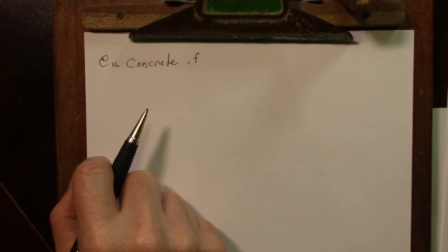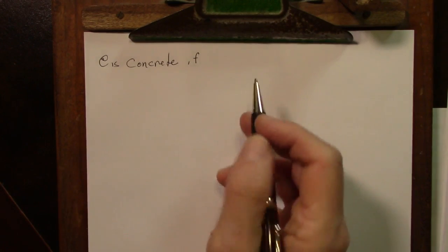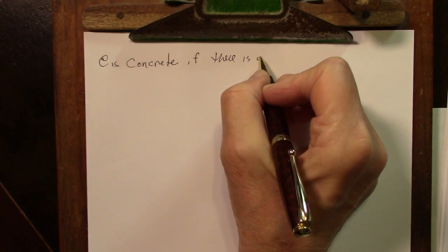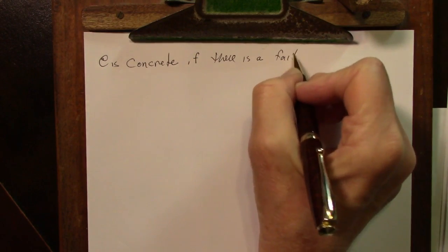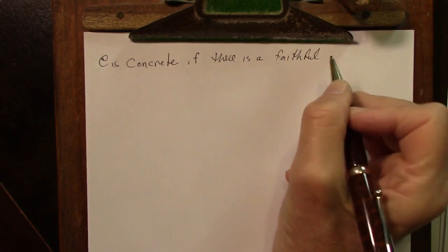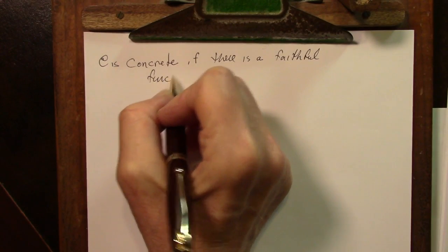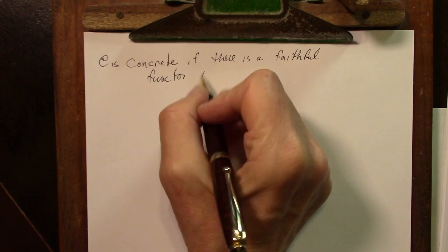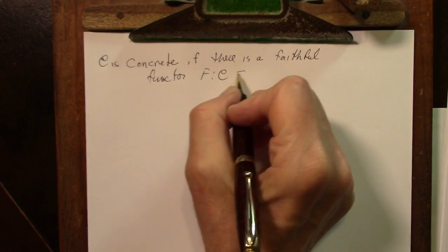So the official definition is if there is a faithful functor F from C to Set.